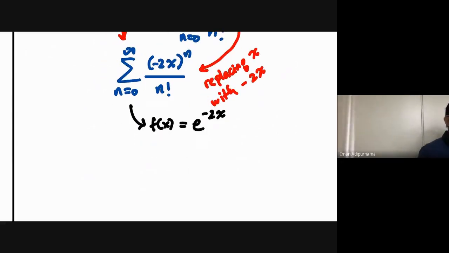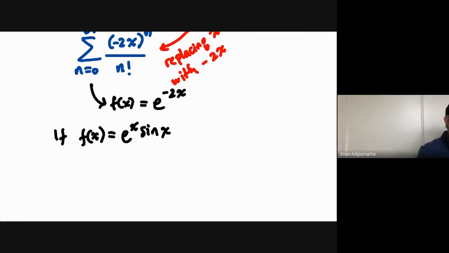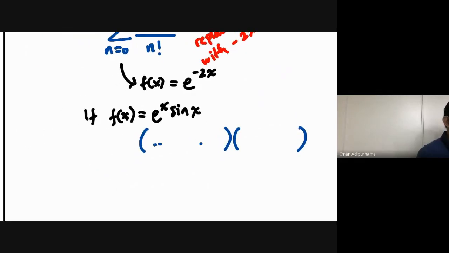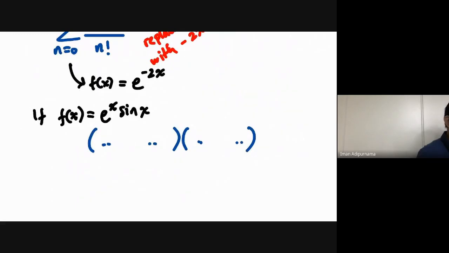And if it is maybe composed with all these 6 functions, for example, if f(x) is e to the x and then sine x, what you can do is you have the series, right, for e to the x, and you have the series for sine x, right? What you can do is you can multiply, okay?